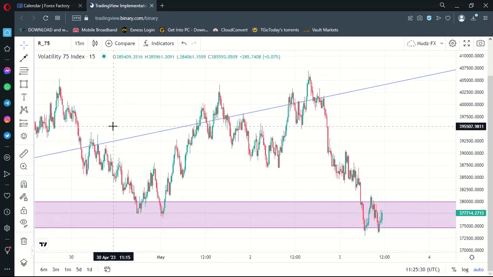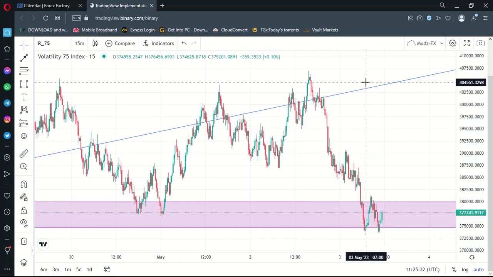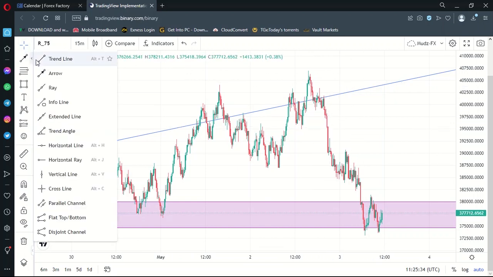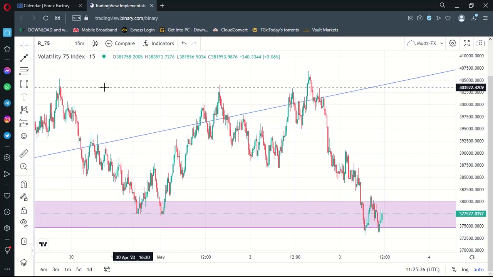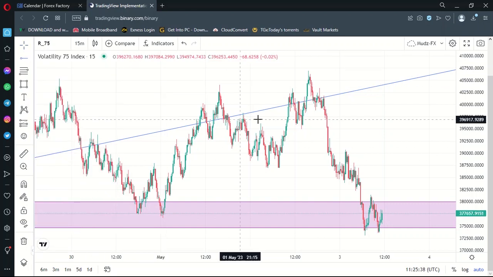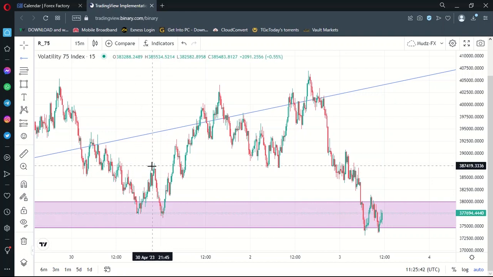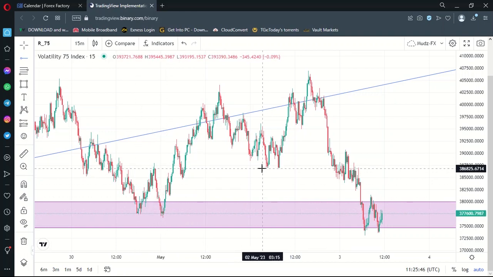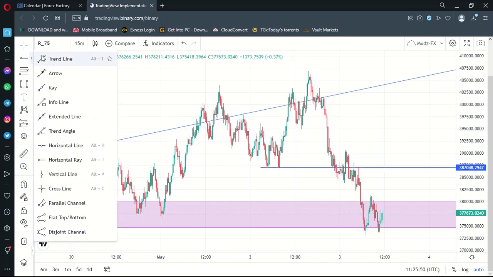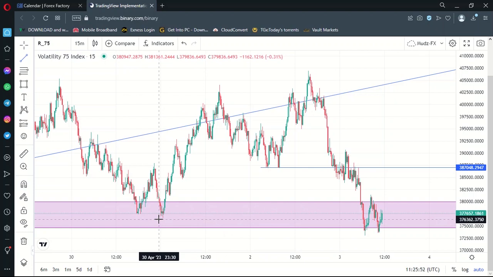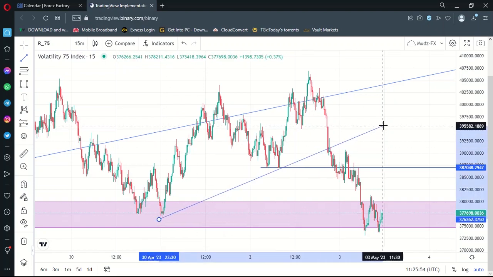Right here we have our support. You can see that it made it down. And if we look at it from the time we started analyzing, every time that it had to change direction, it left at least a double top or a double bottom. So that's another thing to look at when we are analyzing this market.